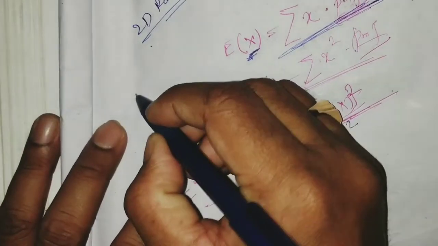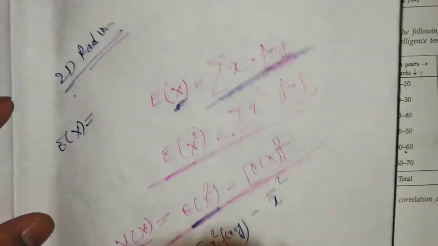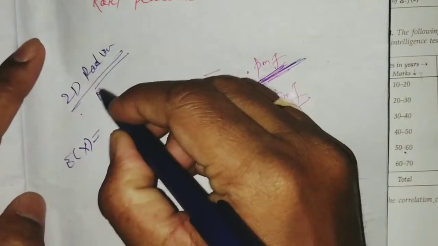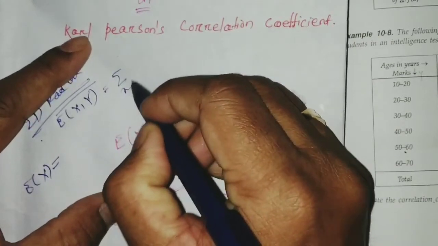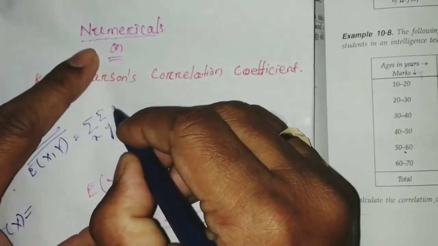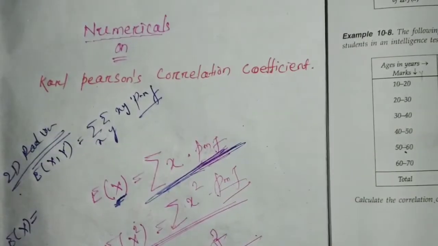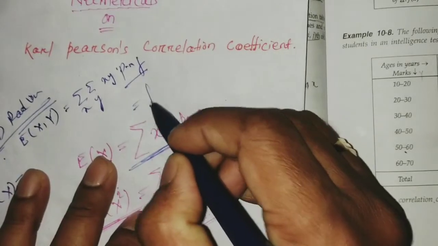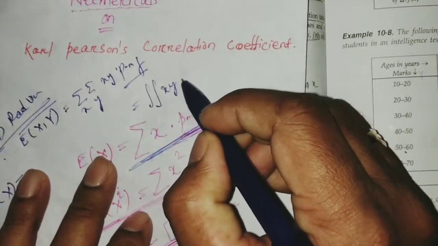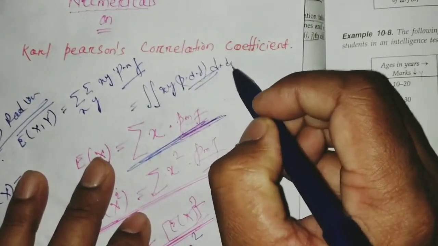expectation of x will be nothing but, so it can be written as expectation of xy. In case of discrete, it will be summation over x, summation over y, x into y, then pmf, that we know. And if it is a continuous two-dimensional random variable, then it will be integration of x y into pdf, probability density function, into dx dy, that we know.